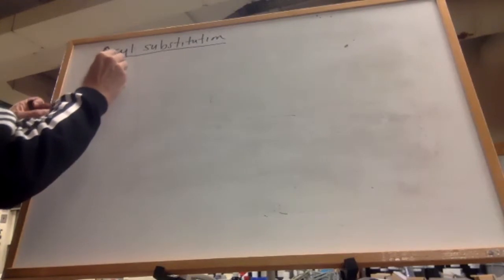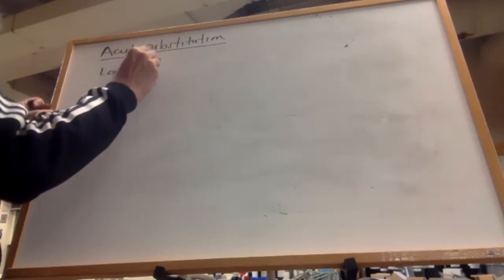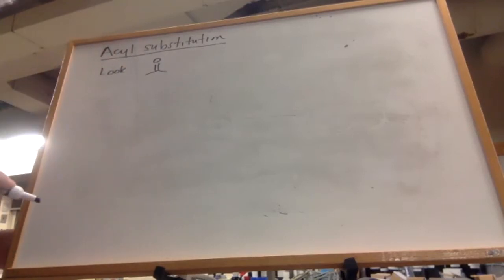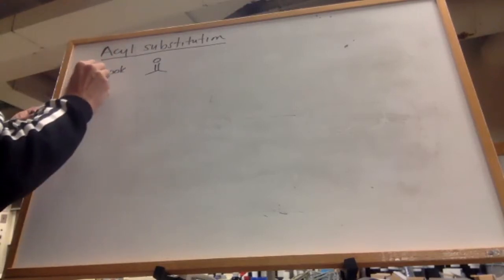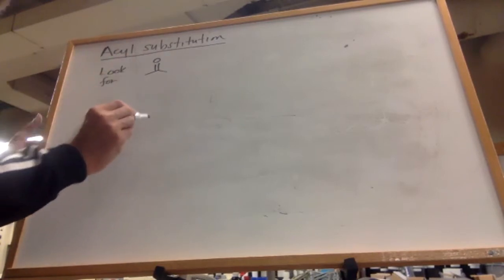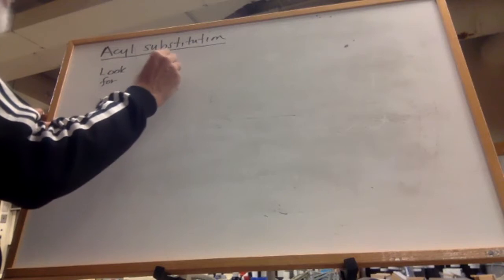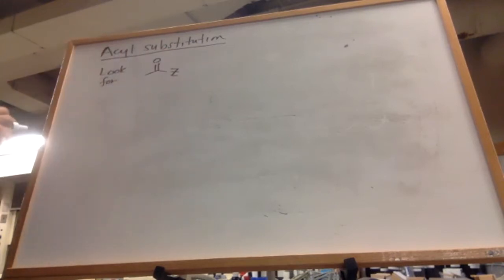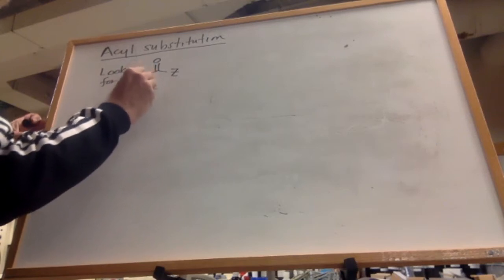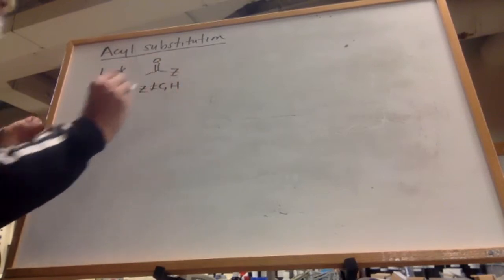You're looking for a carbonyl carbon that is bonded to something that is not carbon and not hydrogen. I'm going to call that Z. So Z is not carbon and not hydrogen.